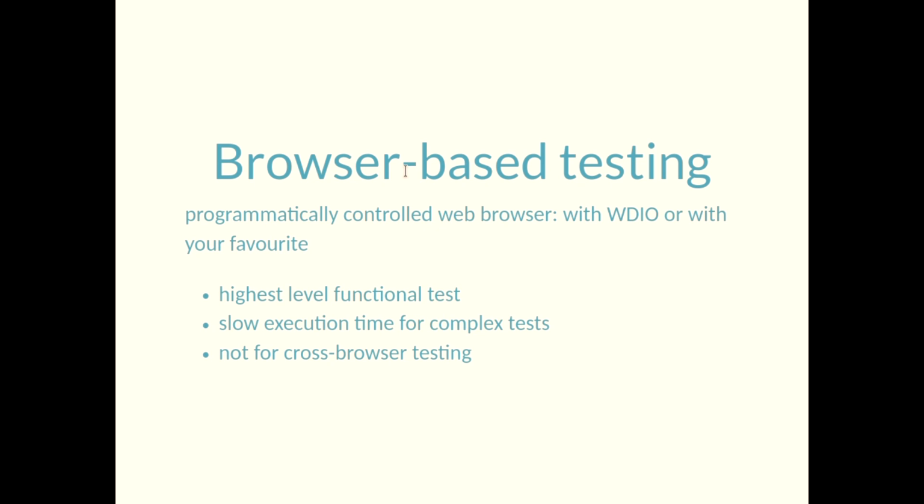So I guess the biggest selling point for browser-based testing is that it's really easy for the developers. And if it's easy for the developers, it will happen. If they don't feel comfortable writing the test, it won't happen. And actually, if you see it from the developer's perspective, it makes a lot of sense, because let's say you have a complex business logic that would be ideal for a unit test.